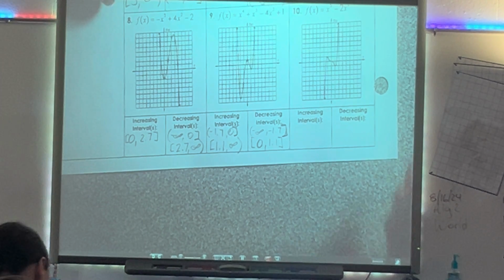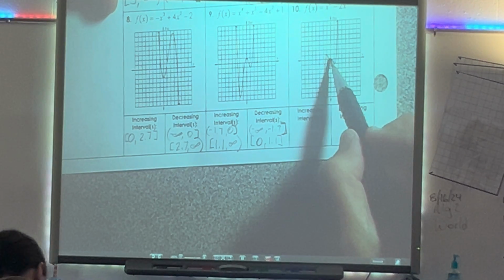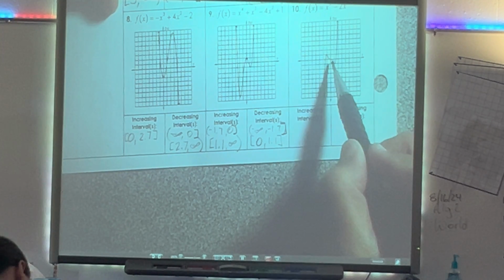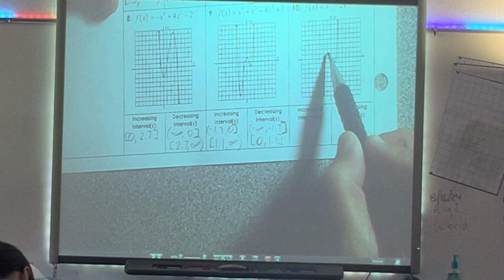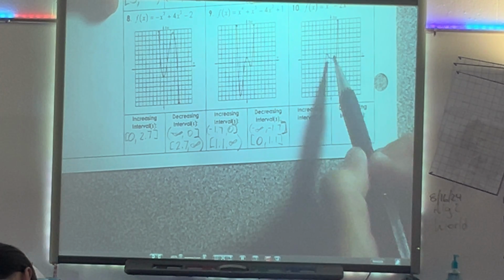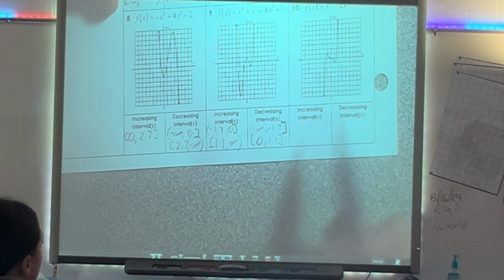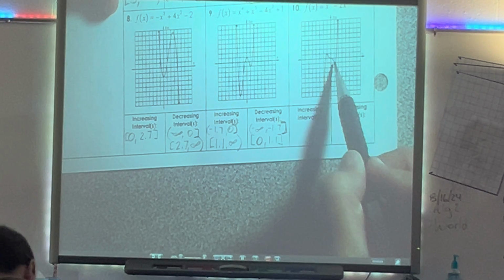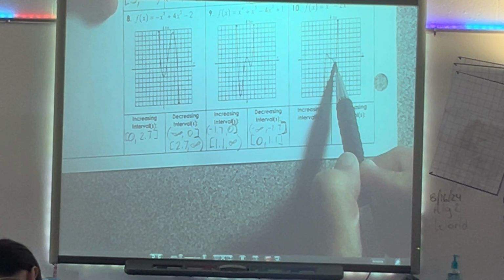This one does have an inflection point. This is still decreasing all the way from here to here. Even though it kind of turns sideways, it doesn't start going back up, so it technically still decreases from this point all the way down to this point. Are y'all okay on how that works?